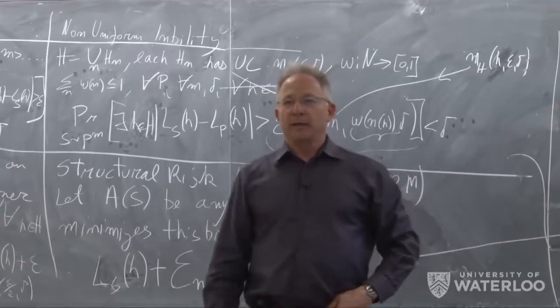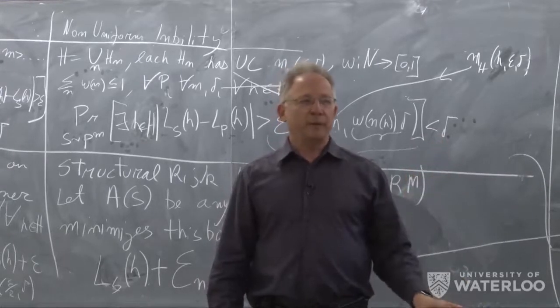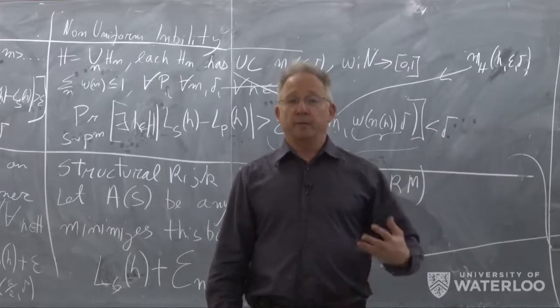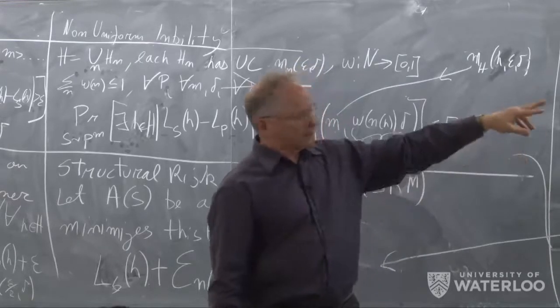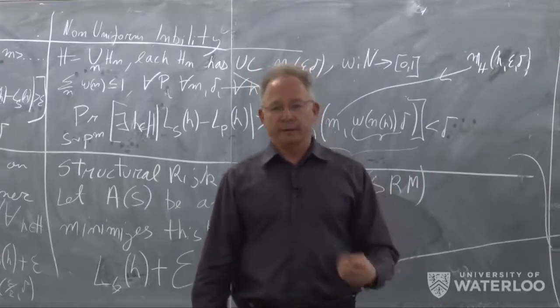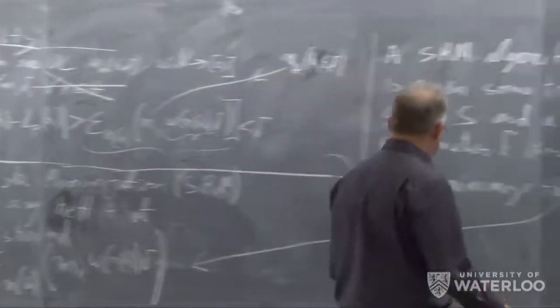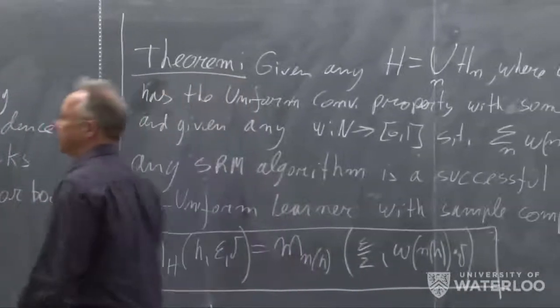Okay, so we have the notion of non-uniform learnability. We proved that non-uniform learnability is equivalent to having the class represented as a union of finite VC classes. Now I want to show you some concrete implementation of this, which has its own merits. It's really an interesting implementation.